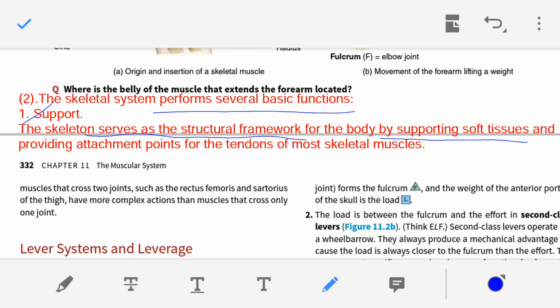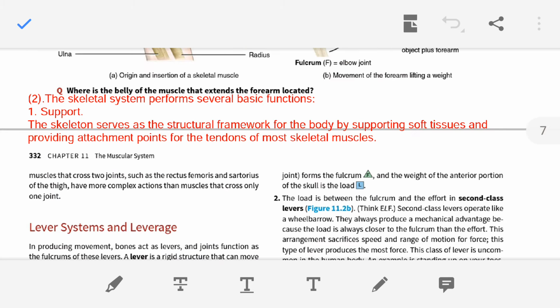These soft tissues are provided with surfaces by the bones of the skeletal system, which also provide attachment points for the tendons of the skeletal muscle. So the skeletal muscle tendons attach to the bones.